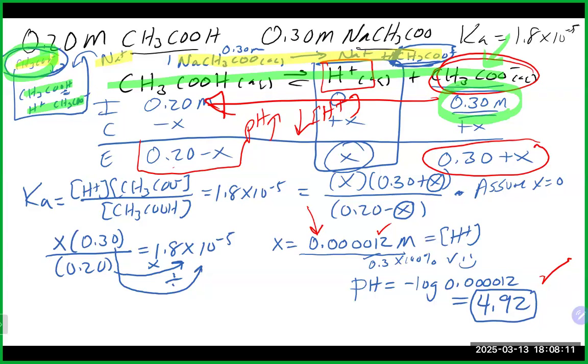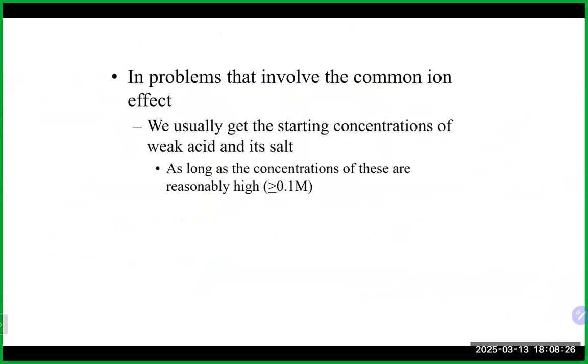So in common ion problems, because that shift in equilibrium keeps things together, the overall change is pretty low. The concentration that you start with and the concentration that you end with, in a lot of cases, will be the same. The good news is you could bypass an ice table if you recognize it as a common ion problem.